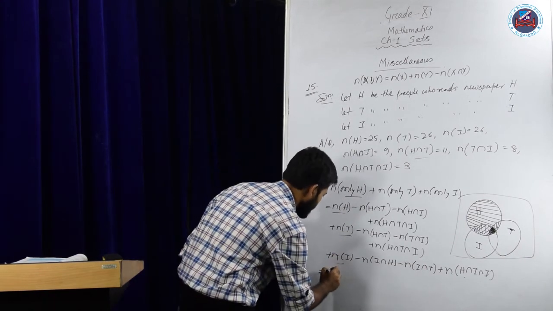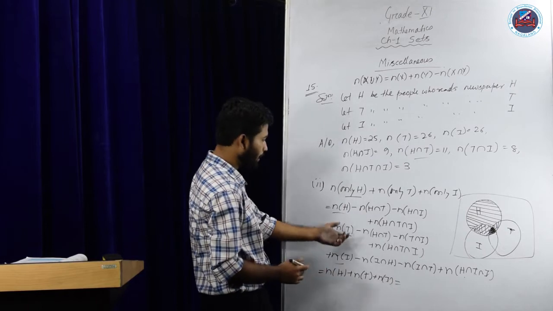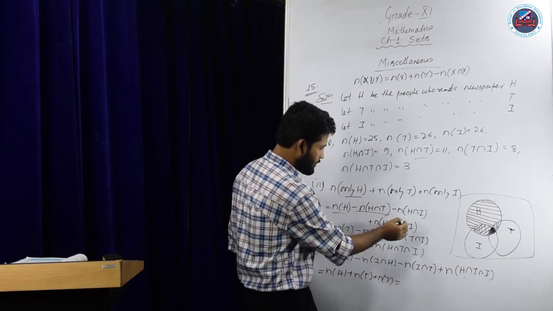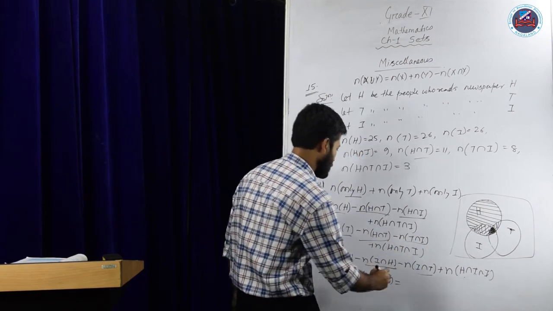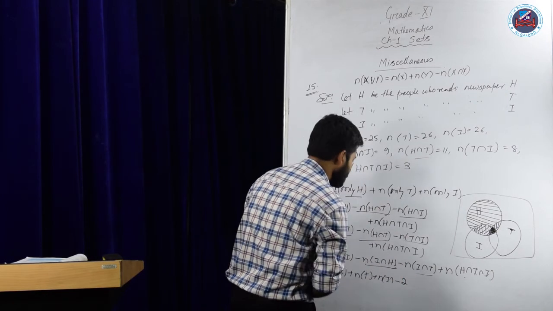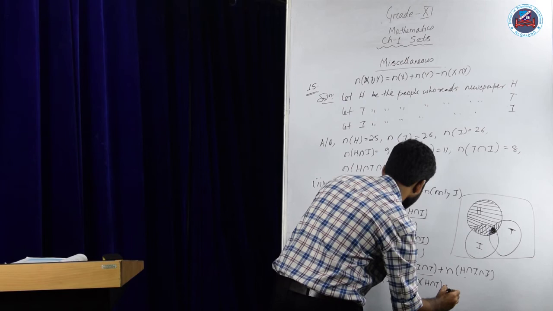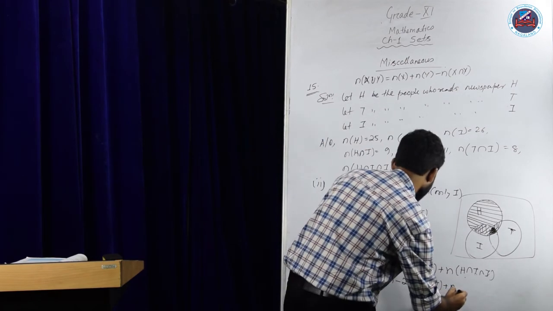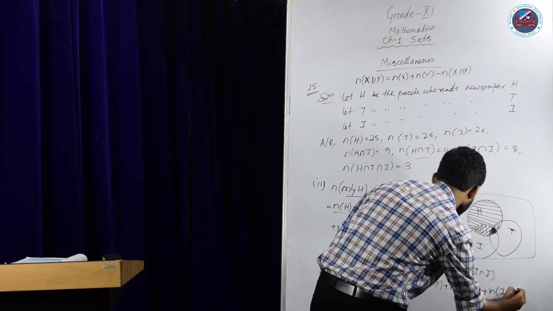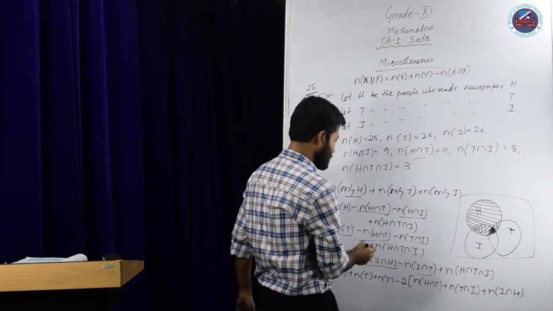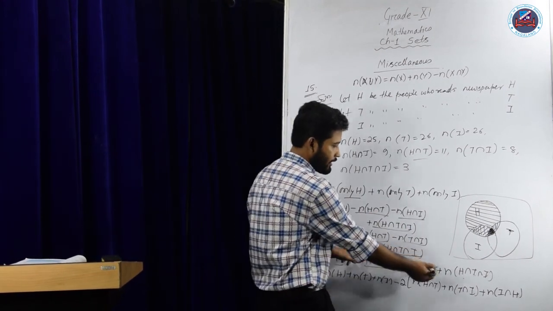So from this line we have got these 3, and what will this be equal to? I can add this first, that is n of H plus n of T plus n of I minus, you can see that n of H intersection T comes twice, H intersection I twice, and T intersection I twice. So I can take minus 2 common and write n of H intersection T plus n of T intersection I plus n of I intersection H. Also here we have plus n of H intersection T intersection I, which is repeated 3 times.